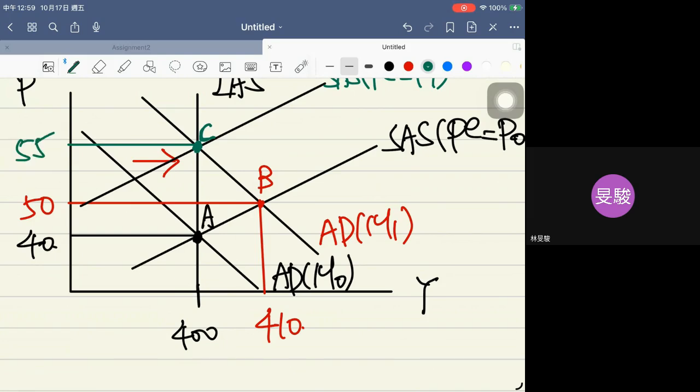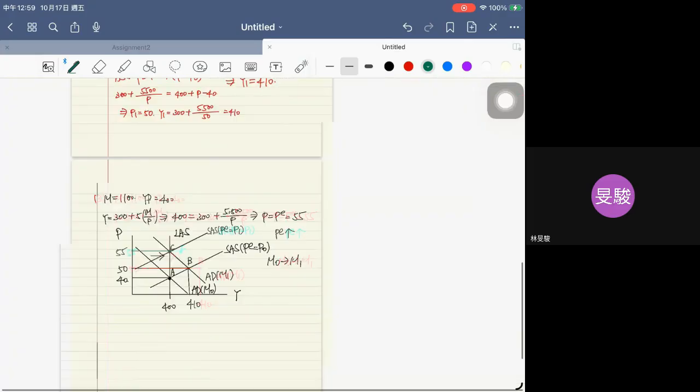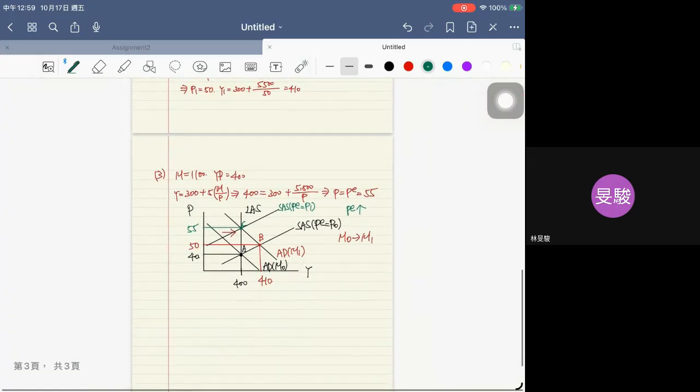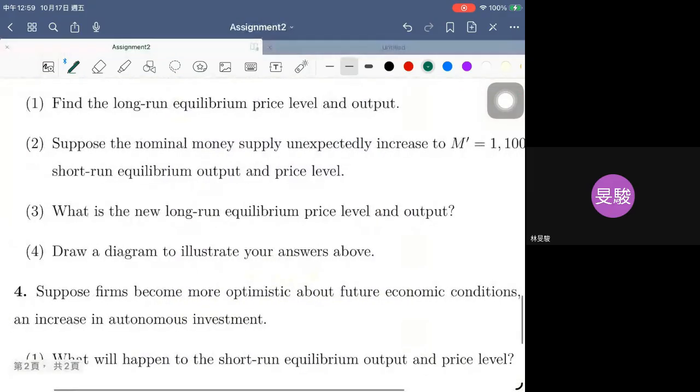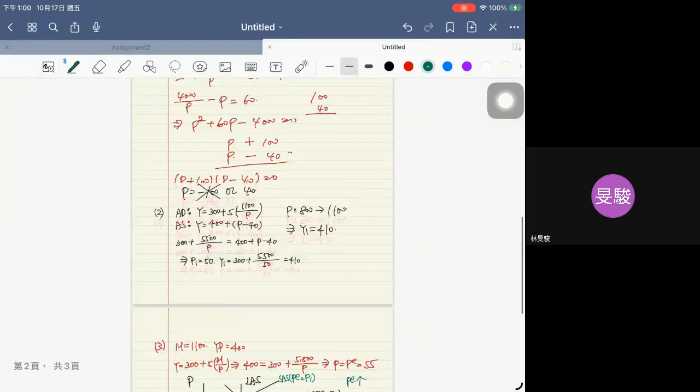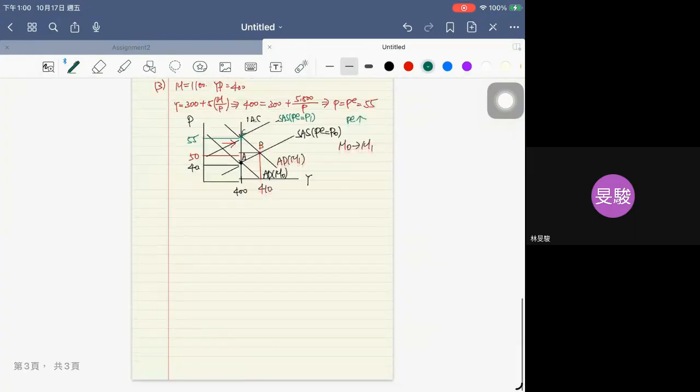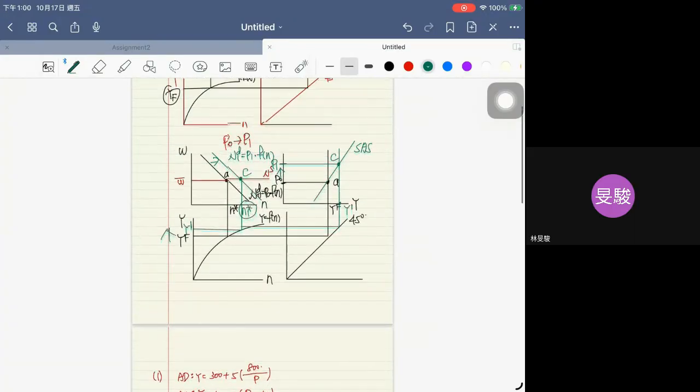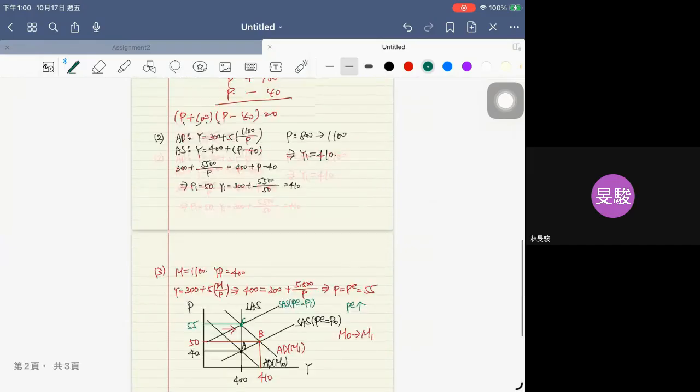Okay. So this is, use draw a diagram to illustrate answer above. Answer the question 1, 2, 3.